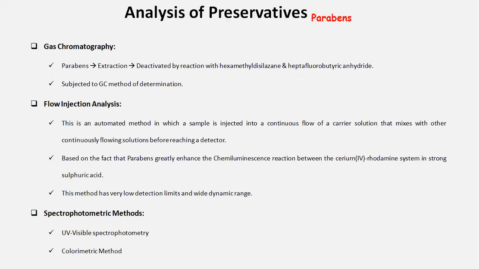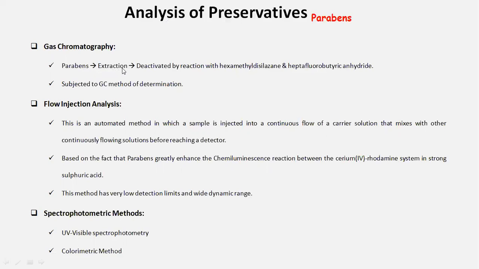The technique of gas chromatography. In this, first we need to convert these parabens into an analyzable sample suitable for the gas chromatography technique. For this, we need to chemically change the parabens. So the parabens will be subjected to extraction.